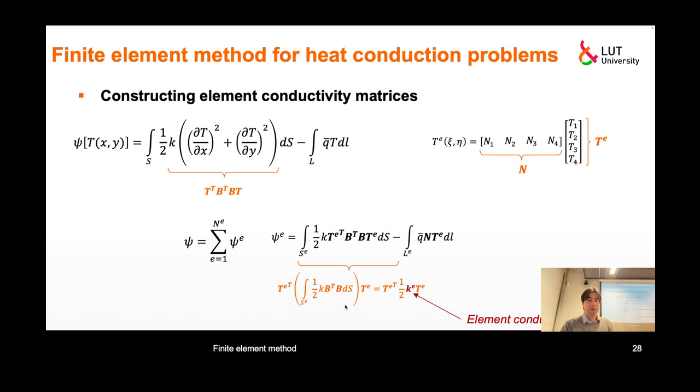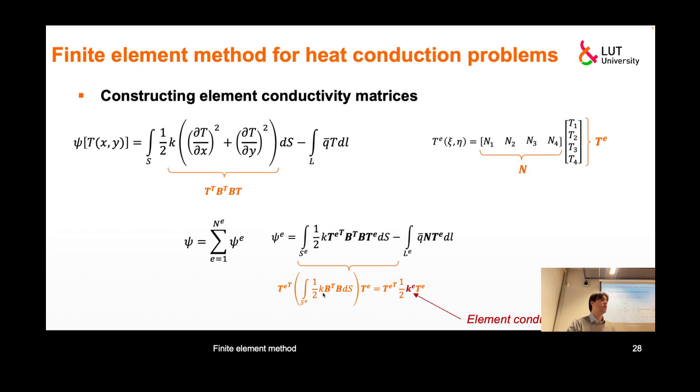And what's in the parentheses, except for this factor 1 or 2, is called the element conductivity matrix. I will be using this notation K with superscript E, because it relates to an element.